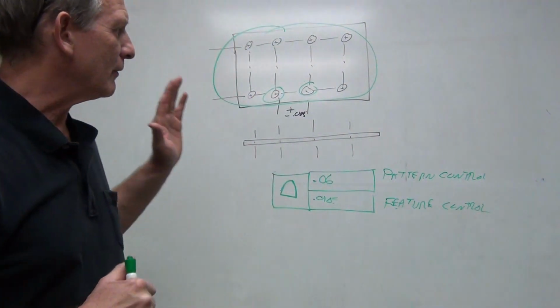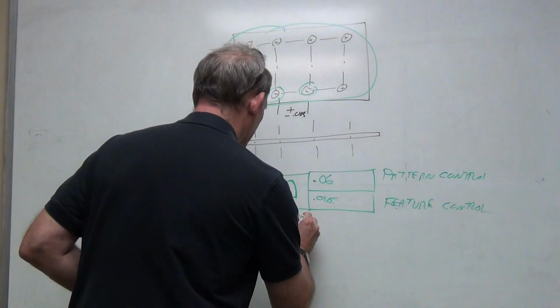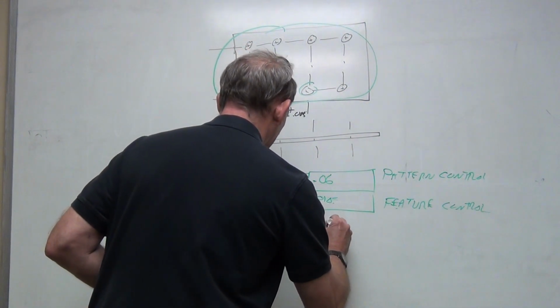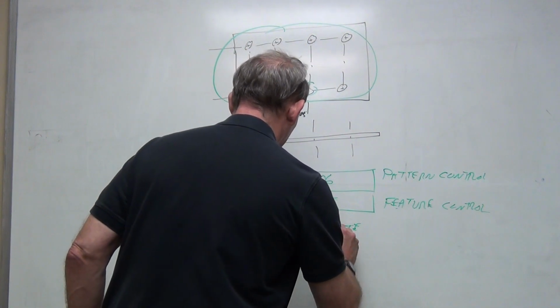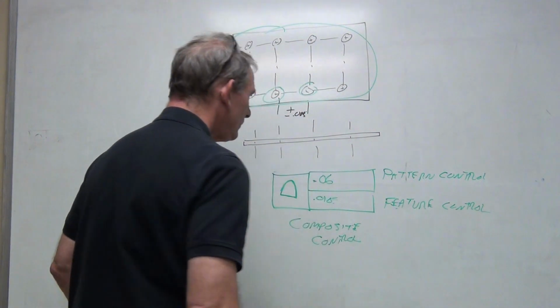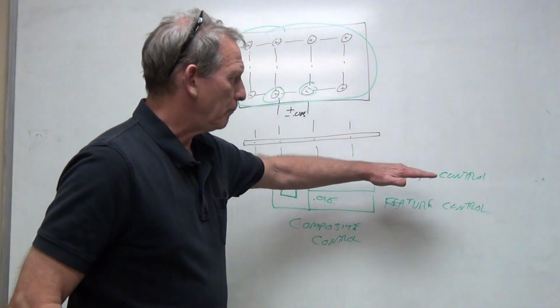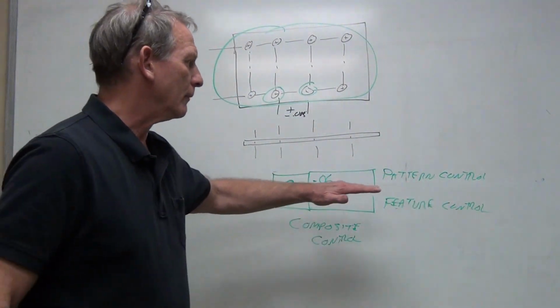So anyway, that's the idea of a composite control, where we have a pattern tolerance and we have a feature tolerance.